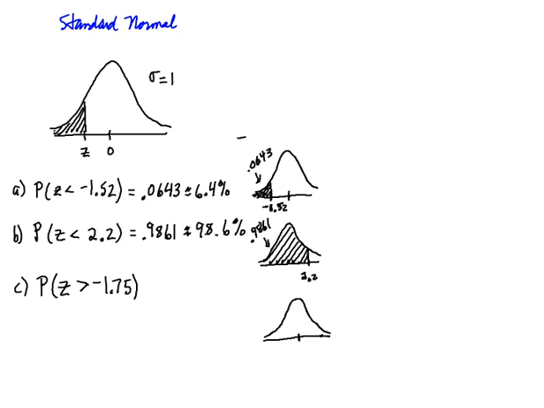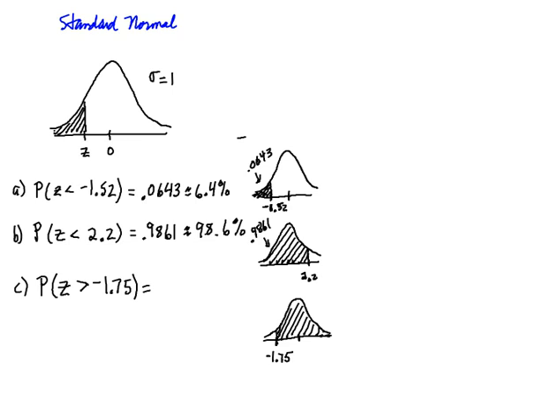So I'm going to be down here at negative 1.75, but I want the probability that the random variable is going to be greater than that. So that interval is going to be to the right of negative 1.75. So the area under the density function is to the right.